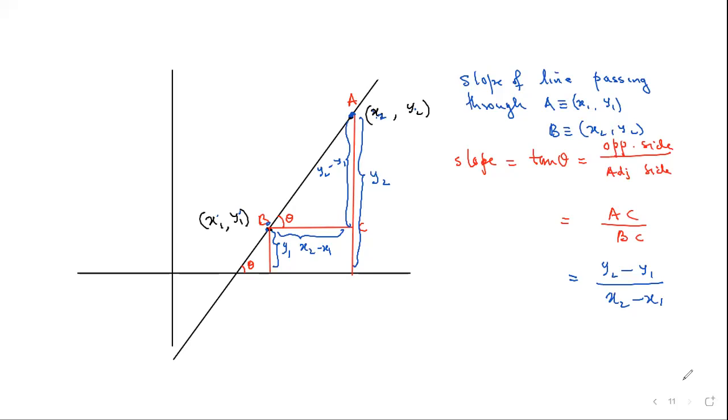Okay, are you ready? Writing. Okay, calculate the slope of this line: 3, 4 and minus 1, 2. Find the slope of the line.